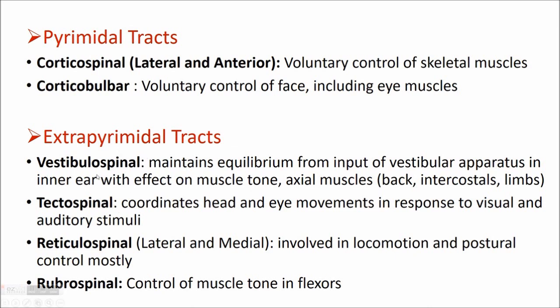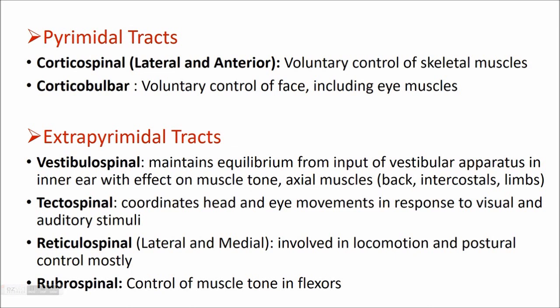We have the vestibulospinal tract, and if you look at the name, you can try to work out what it actually does. Vestibular, from the vestibular apparatus in the inner ear to the spinal cord. So this helps to maintain equilibrium from input from the vestibular apparatus, so that we have effects on muscle tone and axial muscles. The tectospinal tracts coordinate head and eye movements in response to visual and auditory stimuli.